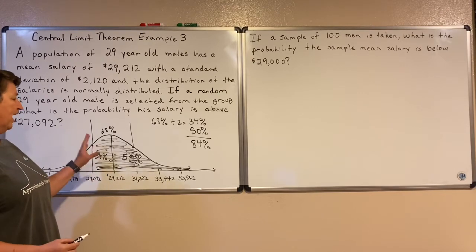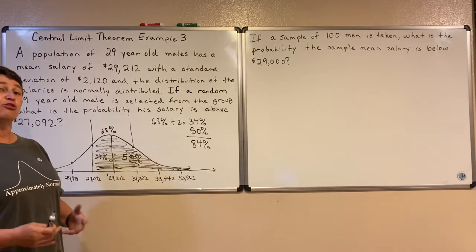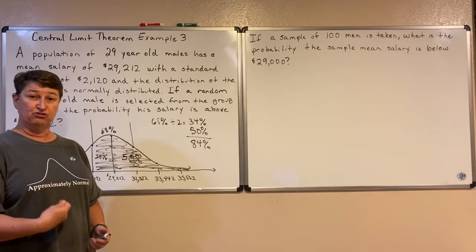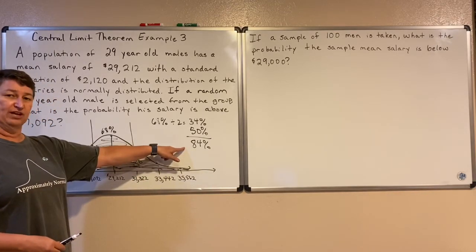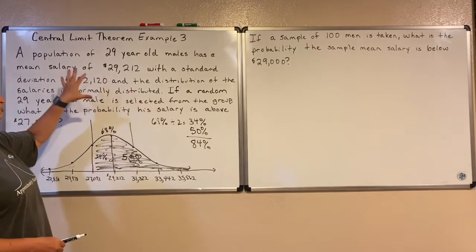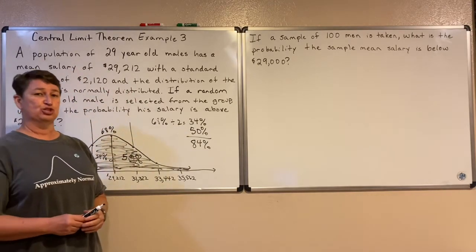So the area under the curve is that much, or the probability that I choose someone randomly with that salary or higher is 84%. So this was just a nice normal distribution.